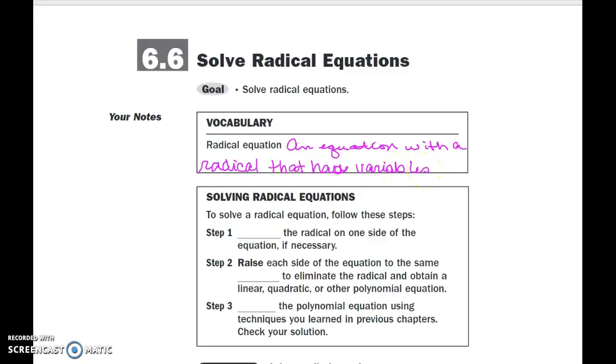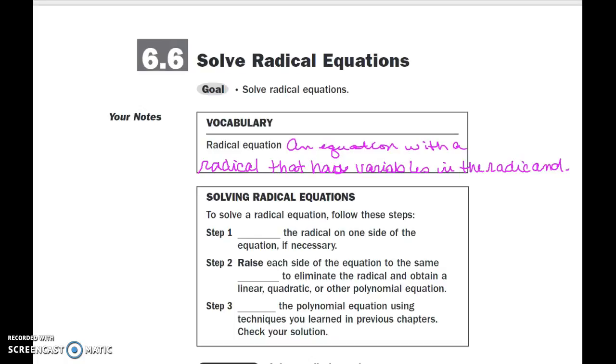It could be a variable in the radicand. And we remember that the radicand is the part that's under the radical sign.